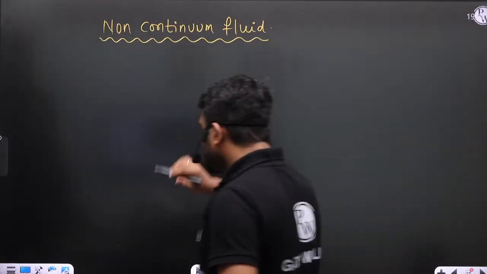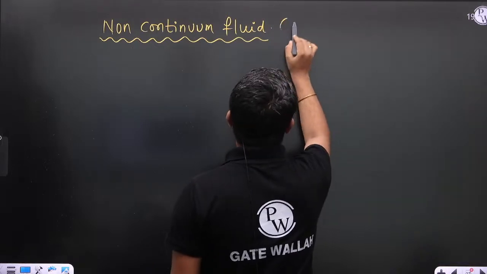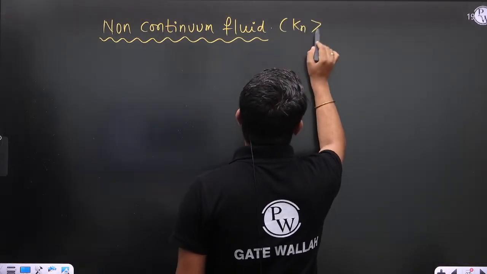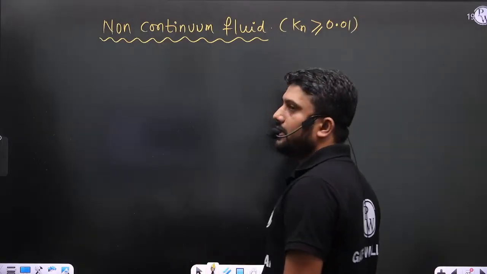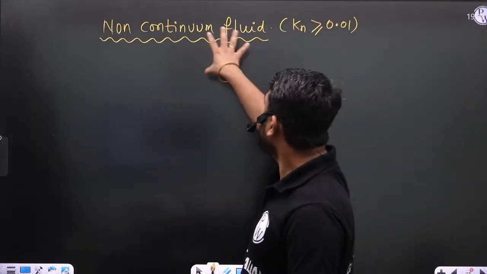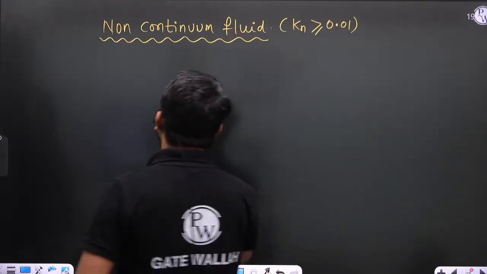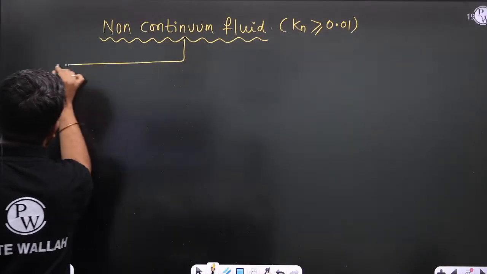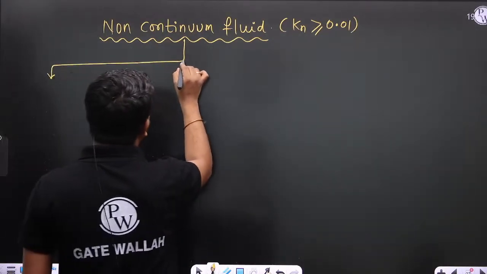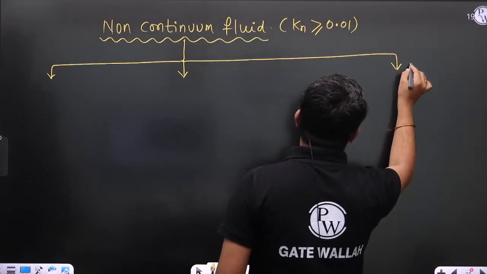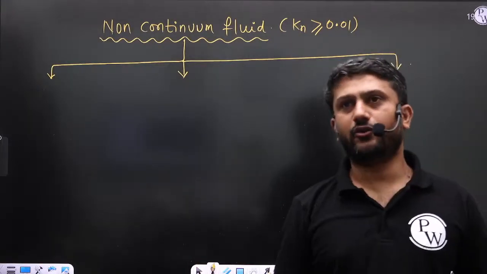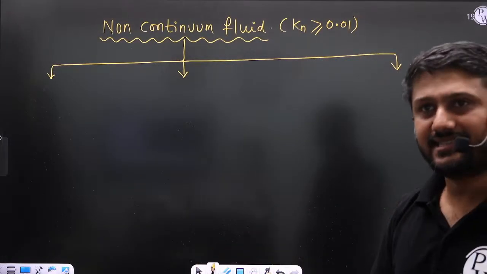In the case of non-continuum fluid, Kn is greater than or equal to 0.01. This non-continuum fluid is again categorized into 3 types of flow.